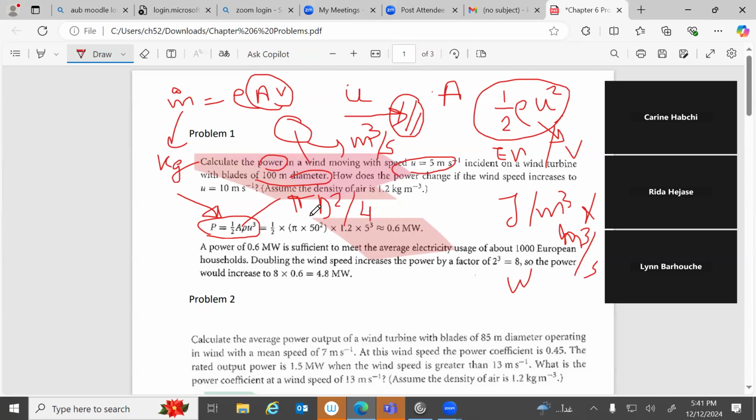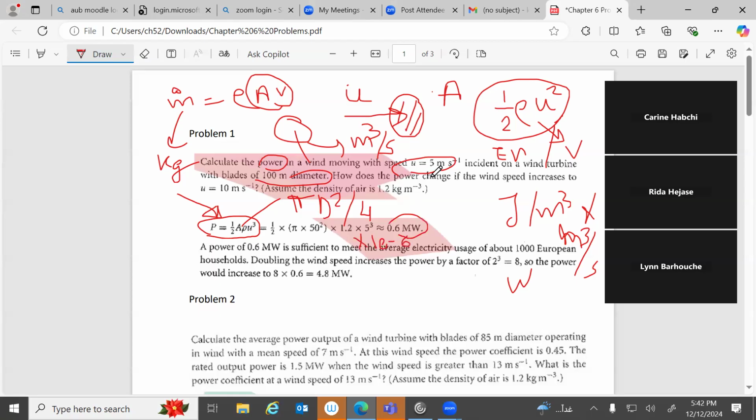And then, in order to get the power in watt, units should be meter square for the area, kilogram per meter cube for the density, and meter per second for the velocity. Then you get the value in watt, but since you have a big number, you divide by 10 to the power 6, or multiply by 10 to the power minus 6, and you will get the value in megawatts.